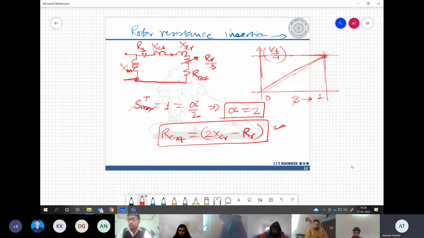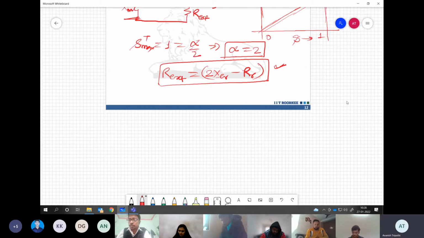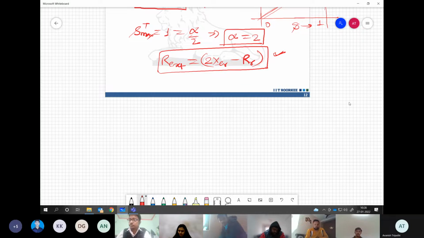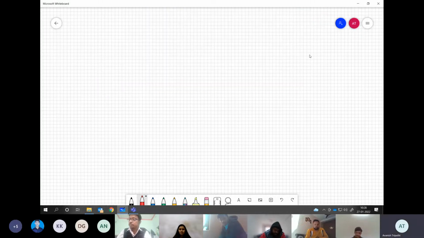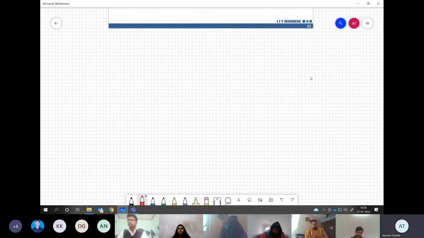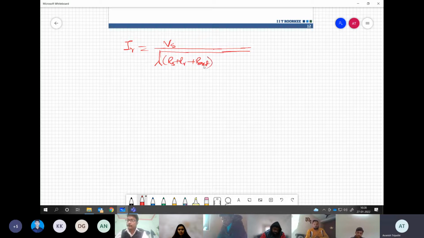Okay, so first our rotor current, how it's going to be. So what we have basically is IR equals Vs divided by this total resistance. So total resistance meaning Rs plus Rr plus R external whole square plus XLS plus XLR whole square.